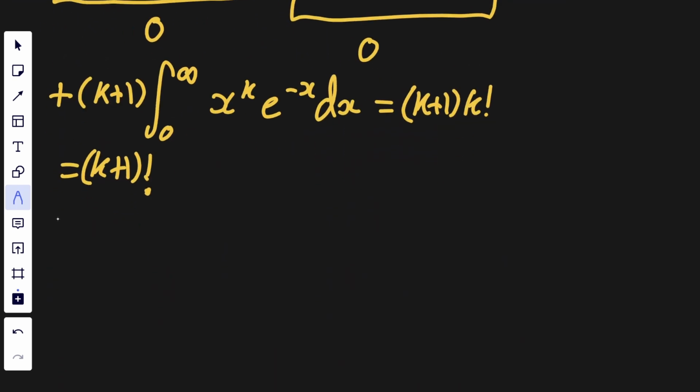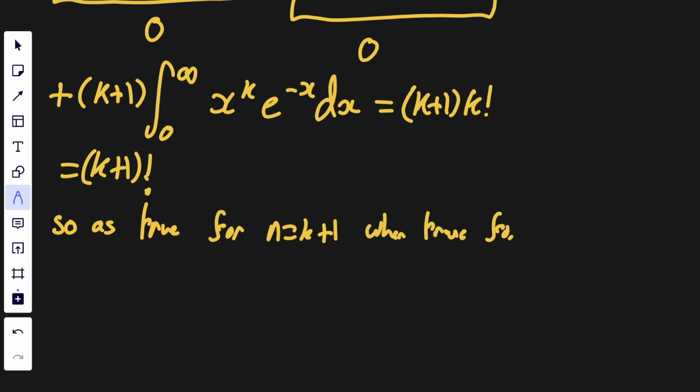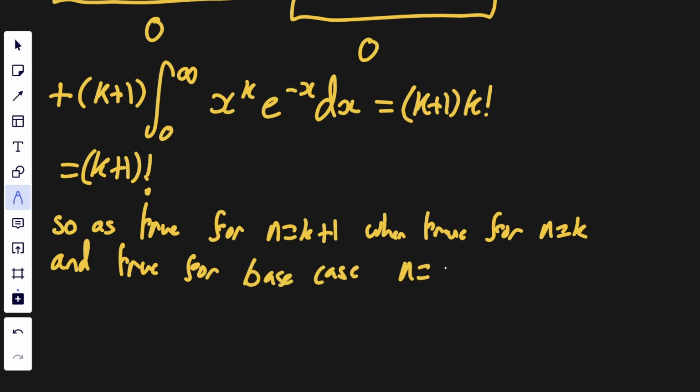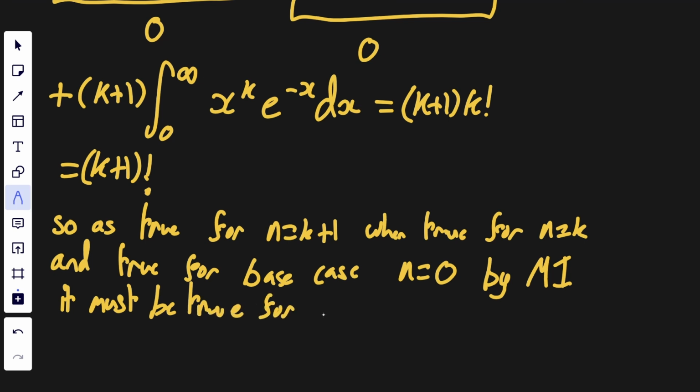So as true for n equals k plus 1, when true for n equals k, and true for base case n equals 0, by, and again I'm going to abbreviate it, by mathematical induction, it must be true for all n bigger or equal to 0, where n is an integer.